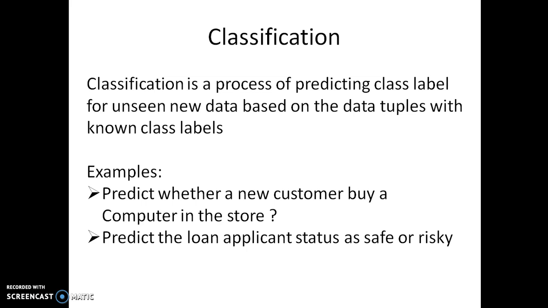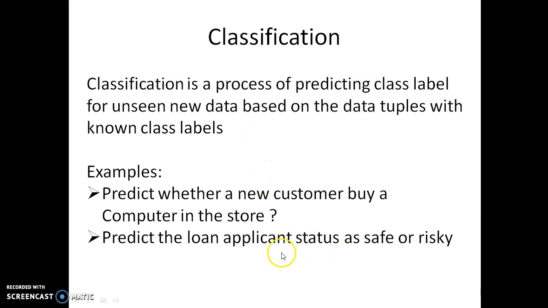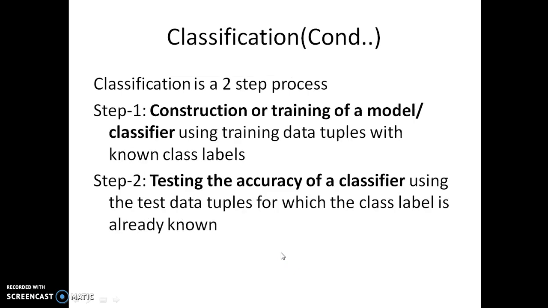Based on old customers' data, I will guess whether this person is going to buy a PC in my store. Similarly, as a bank manager, I would like to know whether sanctioning a loan to a particular applicant is safe or risky. These kinds of tasks can be done by using classification.